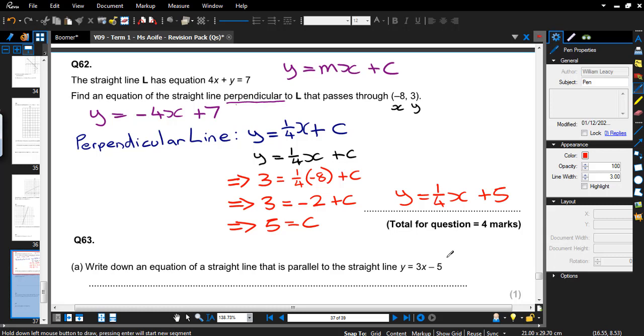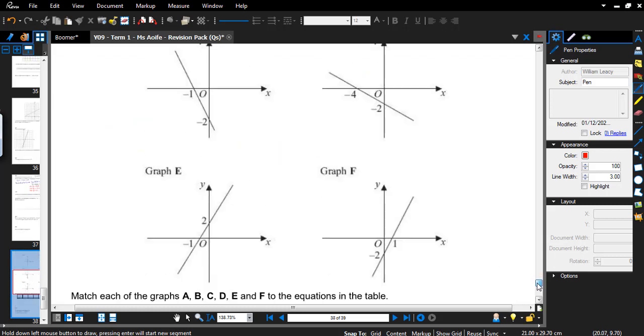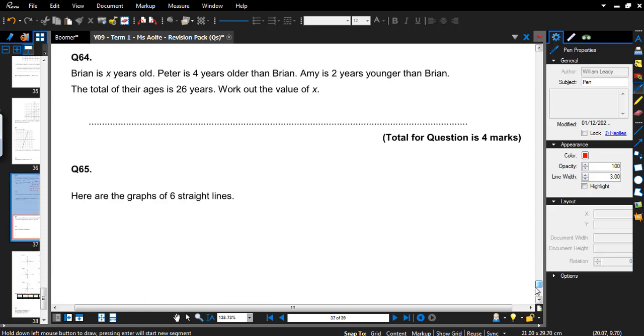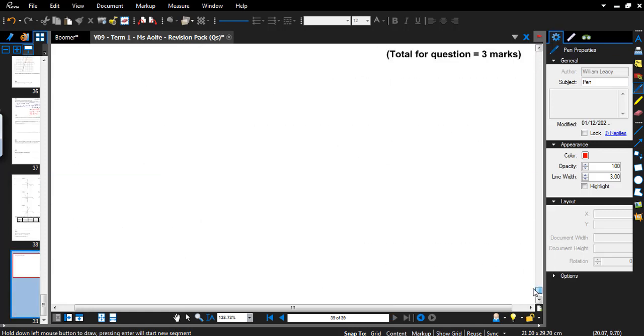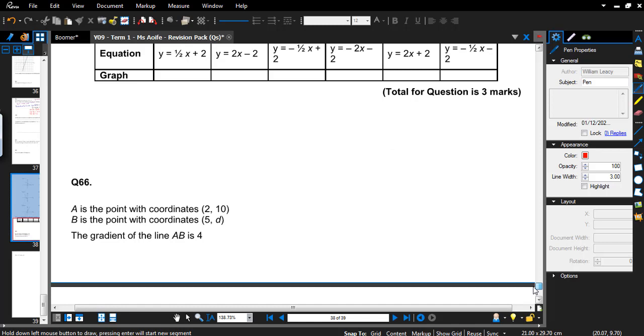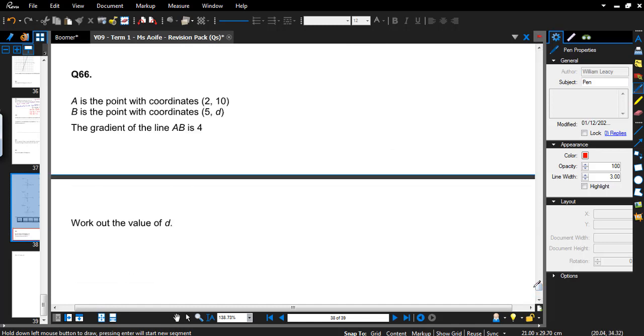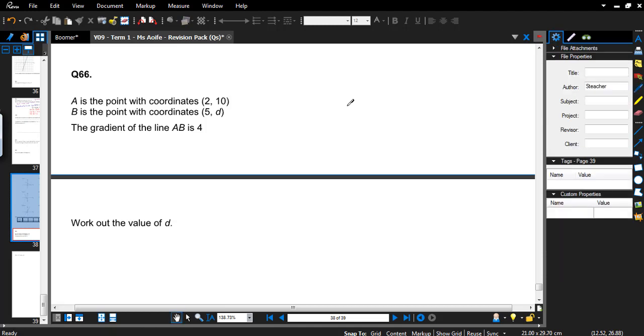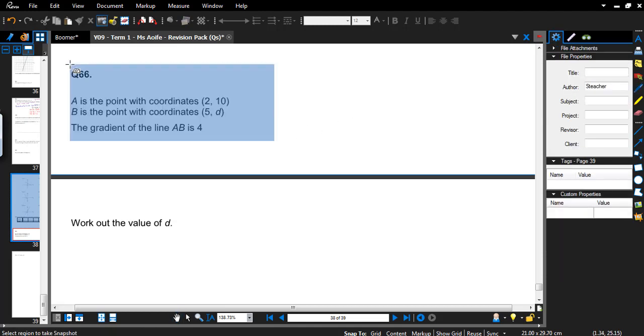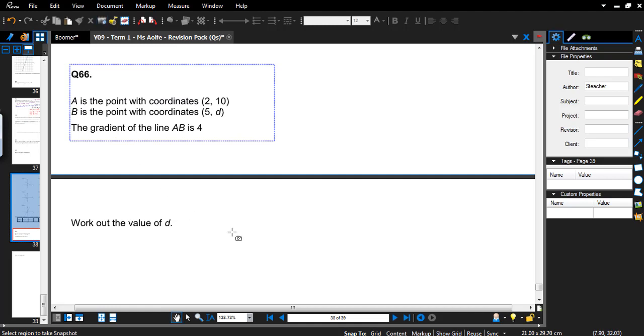Question 66. What is question 66? Same crack, but this is actually easier. Let's do it. This is actually easy, to be honest. I just mean once you see this, you'll get it every time.